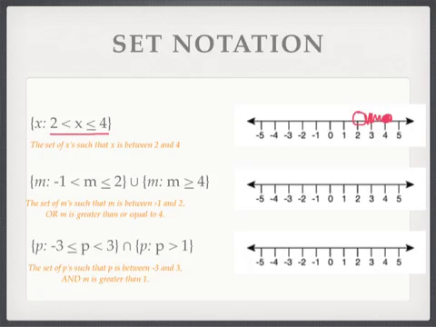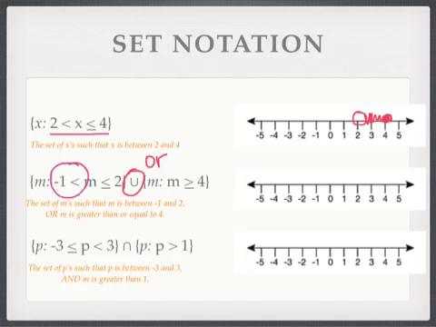Okay. Now, on that next one, what does this symbol right here mean? Do you remember? That's union. And is that and or or? Or. That's or. So this one, I can just plot both of these on the line at the same time, because I can be in this one or this one. So I'm going to go from negative 1. What kind of circle is going to be on negative 1? Open, right?